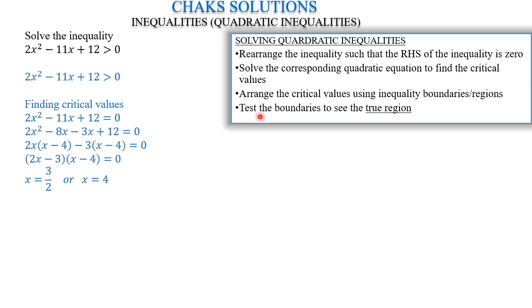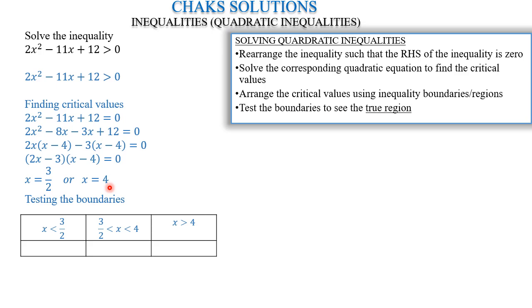Now we need to arrange the critical values using the inequality boundaries. You can see the smallest critical value that we have is 3 over 2, and the largest one is x equals 4.